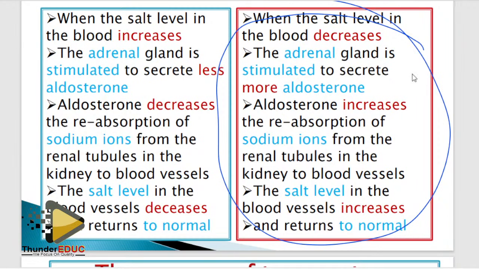So when the salt level in the blood decreases, the adrenal gland is stimulated to secrete more aldosterone. Aldosterone increases the absorption of sodium ions from the renal tubule in the kidney to the blood vessel, and then the salt in the blood increases and returns back to normal.